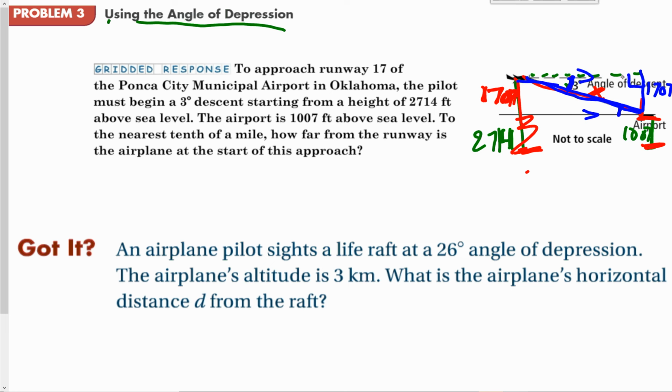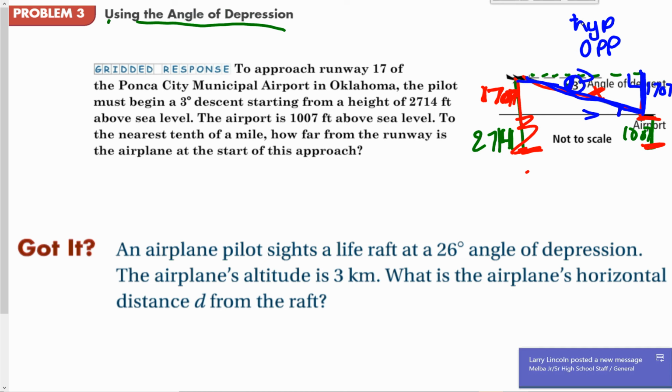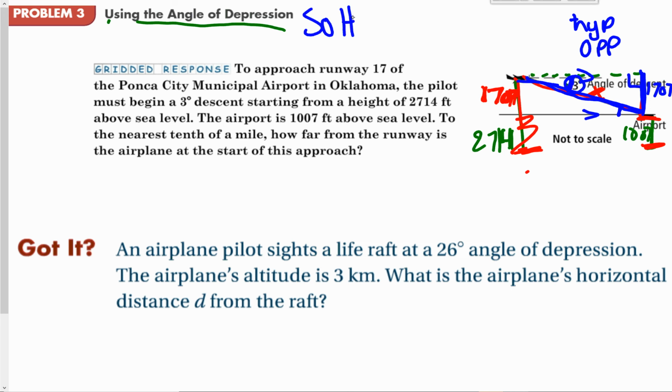So we can still find x. Well, that is our hypotenuse, right? So we're trying to find our hypotenuse, and we're given this distance right here, which is the opposite side of this 3 degrees. Which trig function deals with hypotenuse and opposite? Sine.